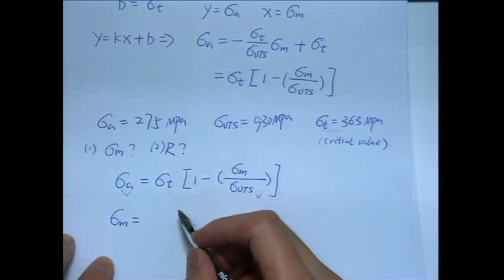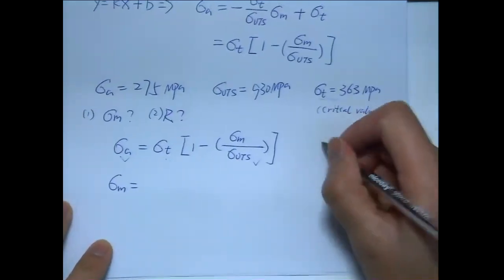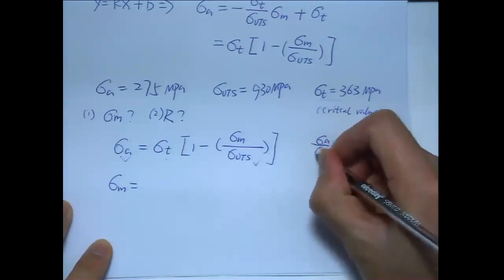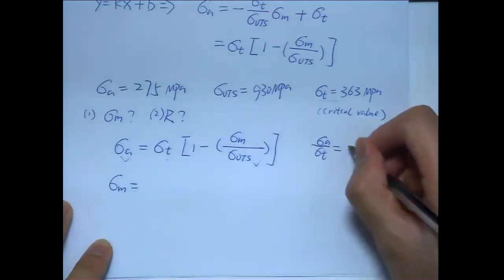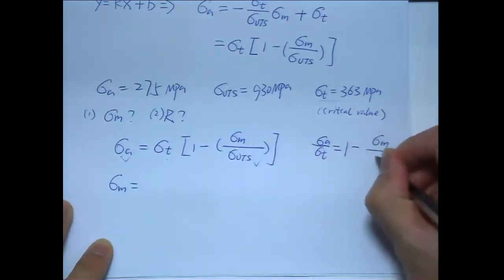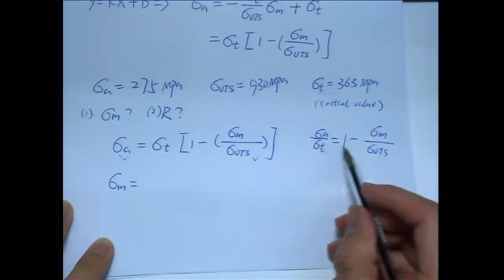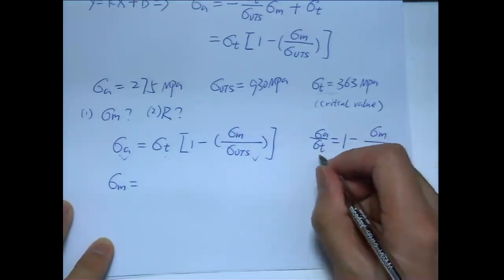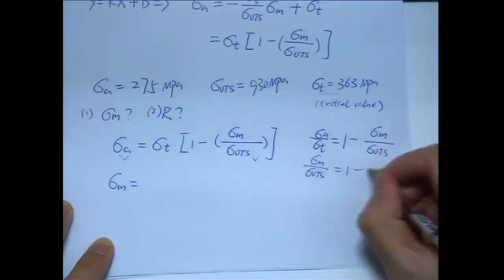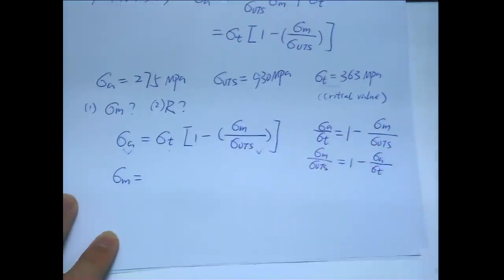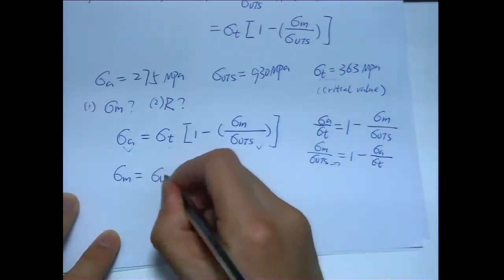So let's just do some math again. What I tend to do is sigma a over sigma t, equal to 1 minus sigma m over sigma UTS.